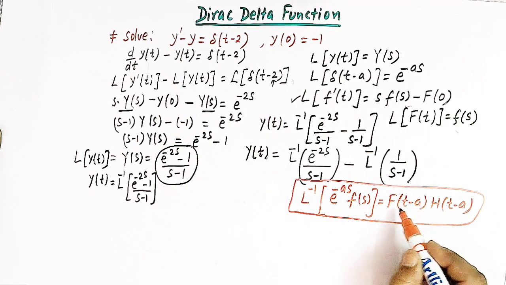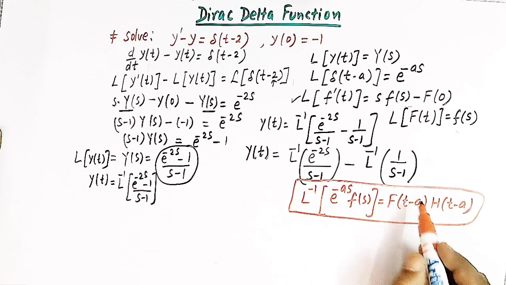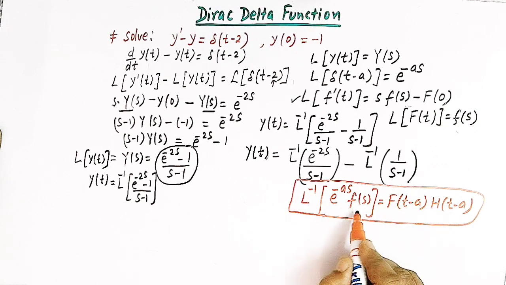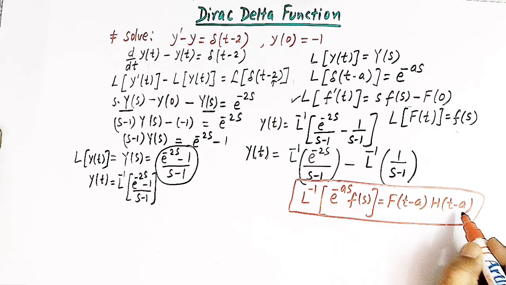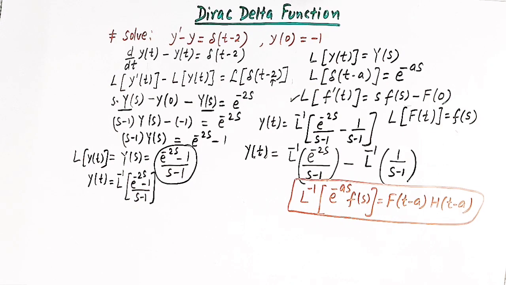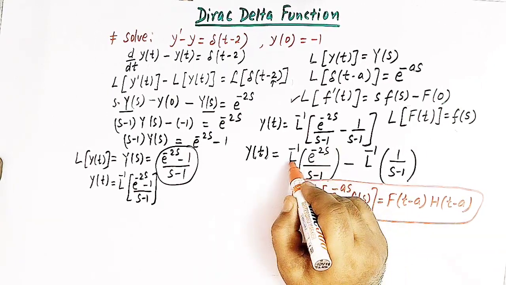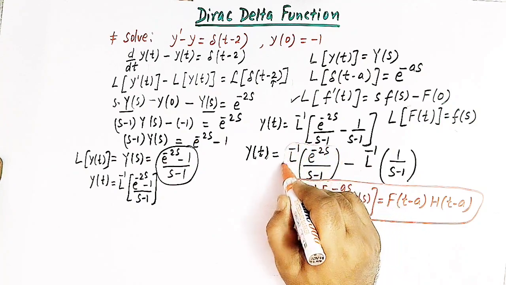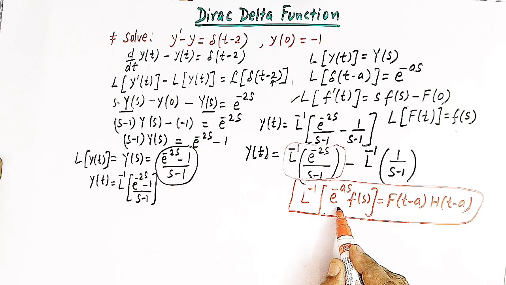And here f of t minus a is the function which is associated with the inverse Laplace transform of f of s, and h of t minus a is the Heaviside unit step function. So now to get the inverse Laplace transform of this function, we'll make use of this result, right?